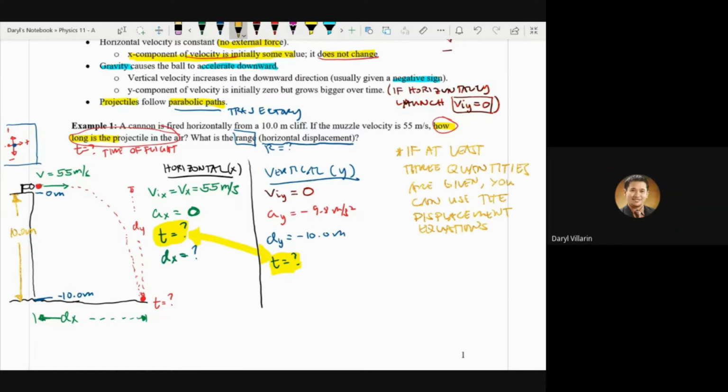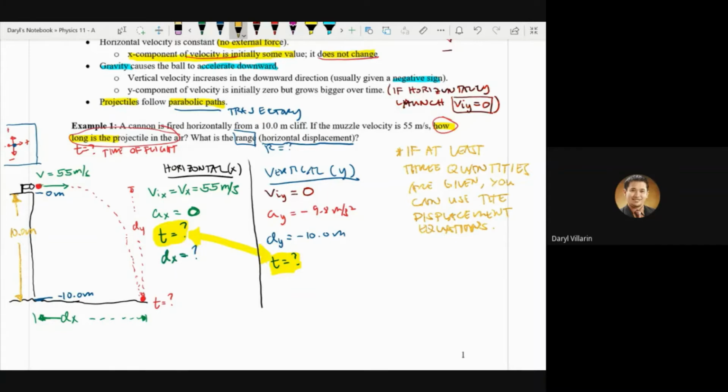We talk about three there, but just choose the one that fits the things that we have.